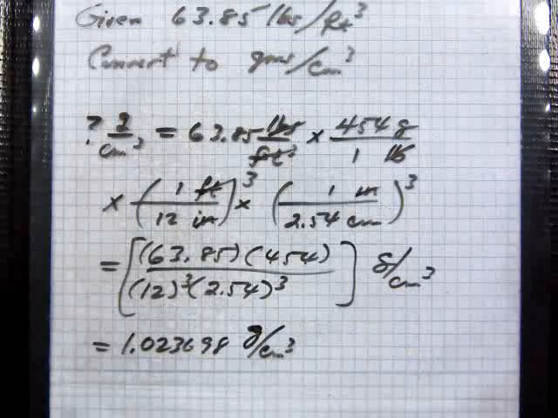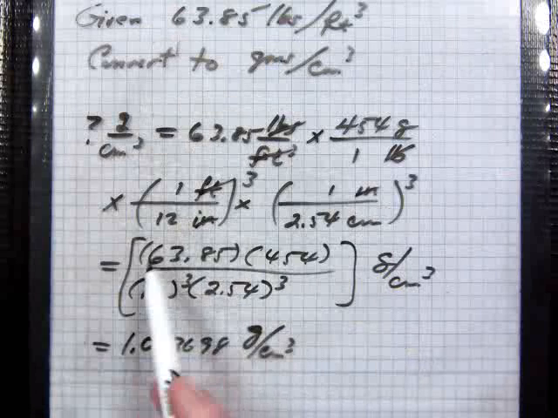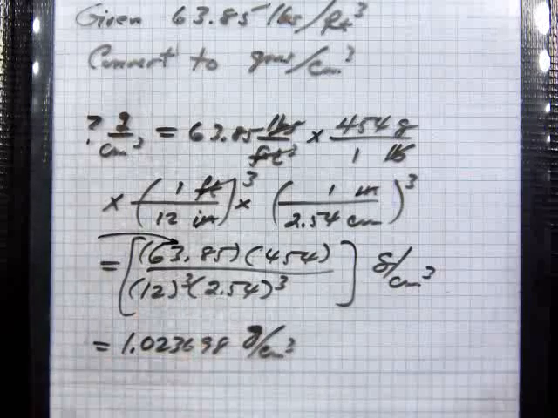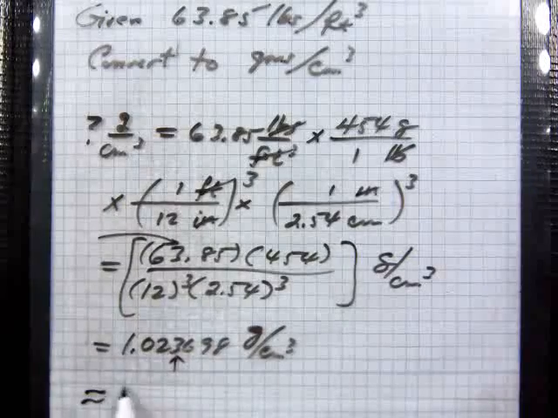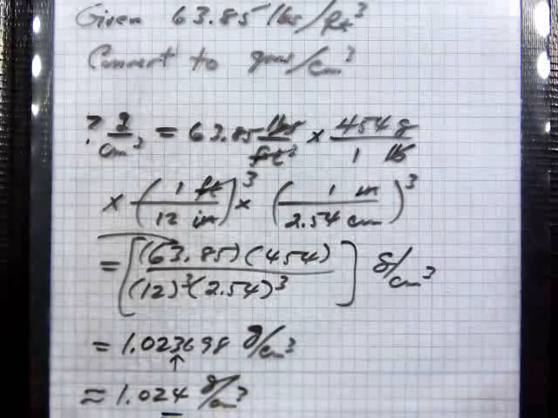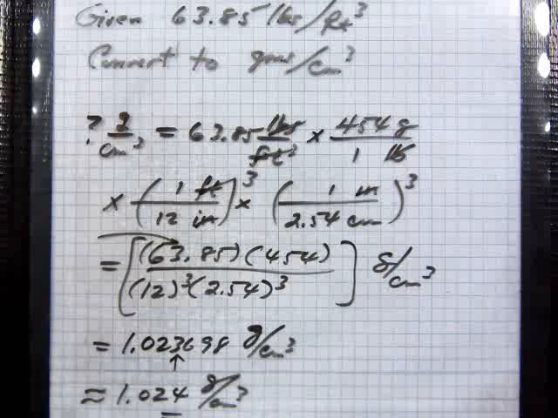That's 1.023698. We look back at the original data, 63.85, which has 4 sig figs, so this would go to 1.024 grams per cubic centimeter. We'd have to move that up one to the next higher digit. So that is the protocol for fundamental conversions, and hopefully that makes sense.